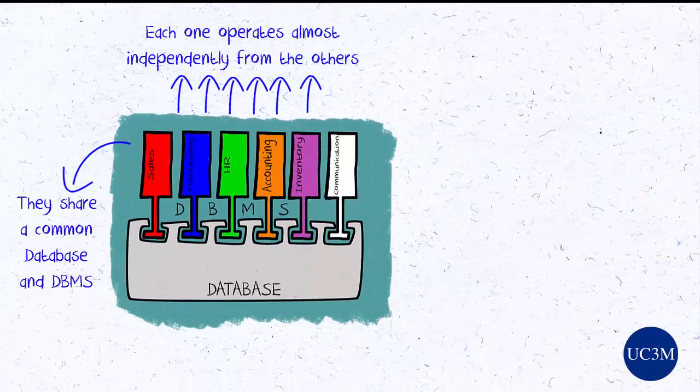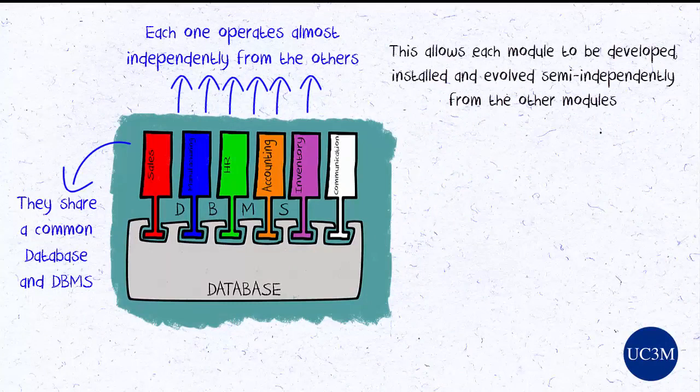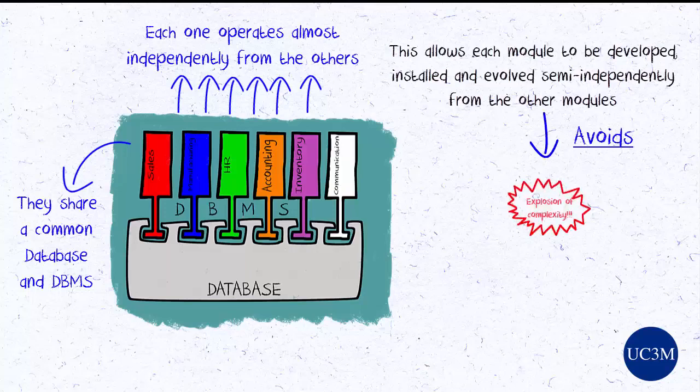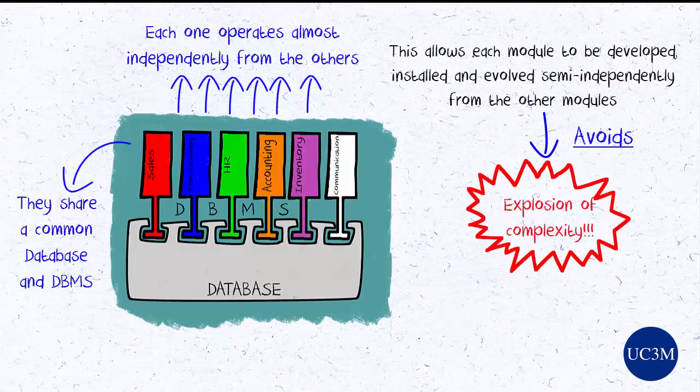This allows each module to be developed, installed, and evolved semi-independently from the other modules. In large, complex ERPs, this is key to avoid an explosion of complexity by breaking the huge management information system into several semi-independent, more manageable modules.